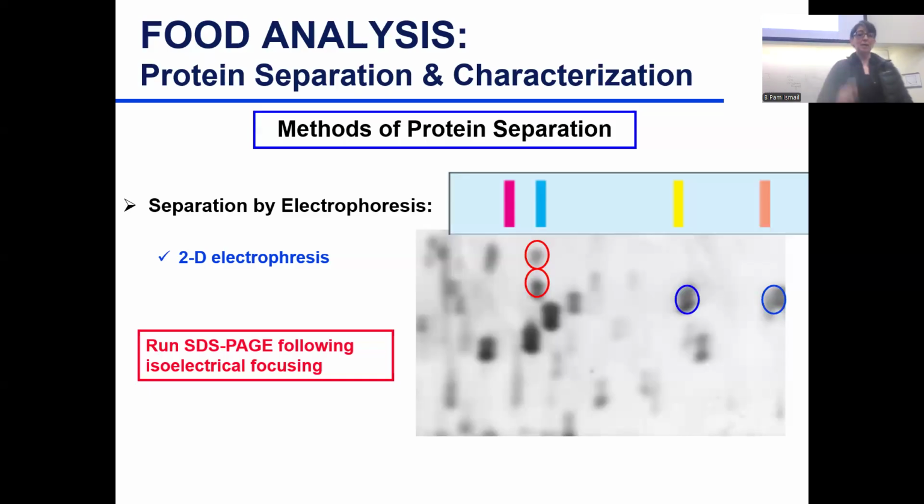Usually this is a technique done in Western blot, where you do two-dimensional separation, and then you incubate with antibodies to determine presence of allergens or other antigens. Okay. So very common for that particular application.